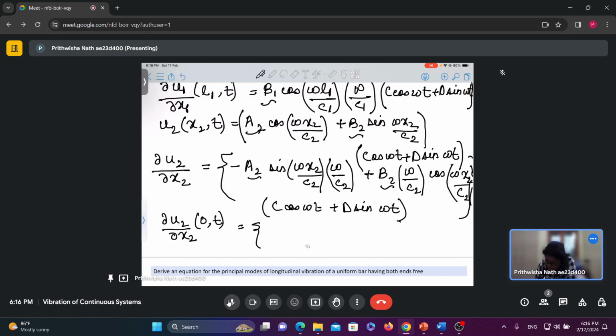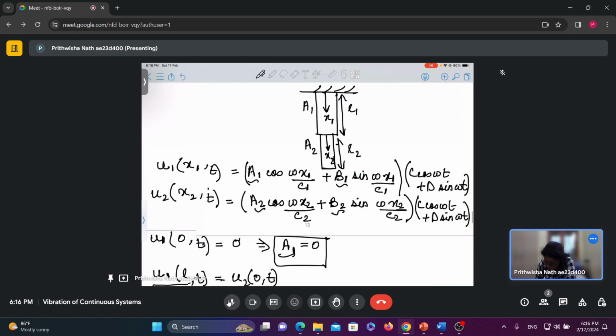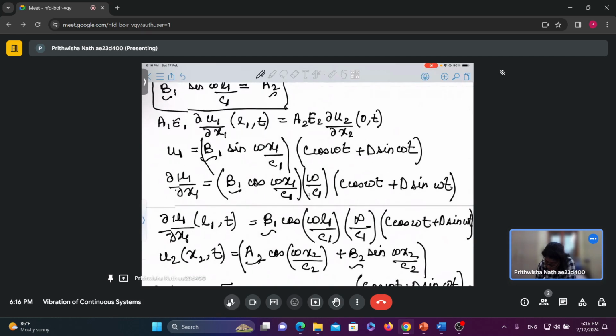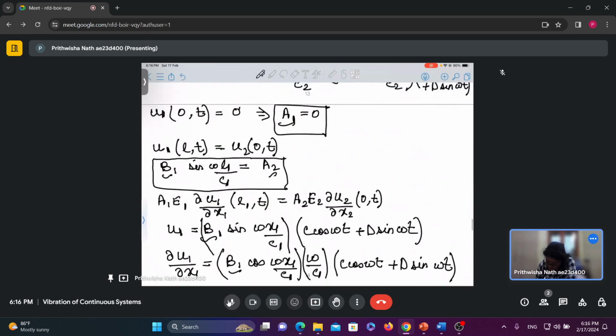So what am I left with? b2 omega / c2 into (c cos omega t plus d sin omega t). Now I have to substitute this in this equation.